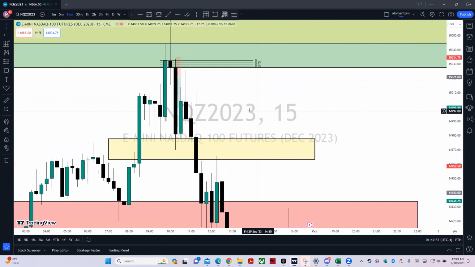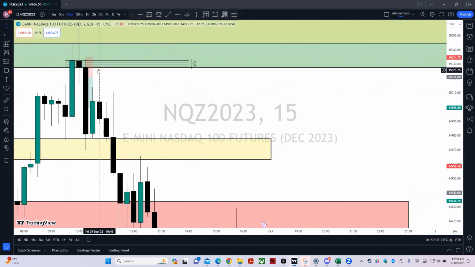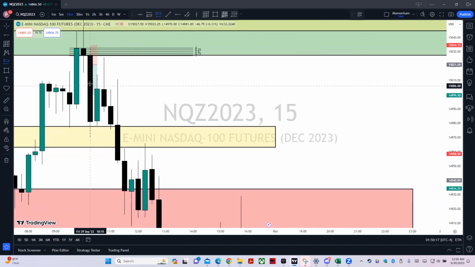It's wicks like this that actually give me pause. Like these wicks that almost come back up. That's why I like to scalp, because in case I don't get in right here, it comes back up. I can take that and write that down, and I did, because I took this.